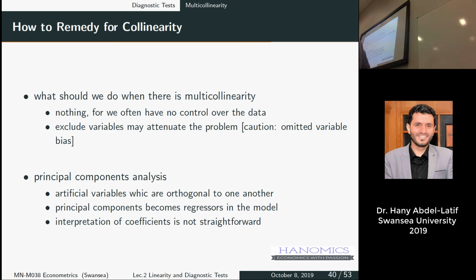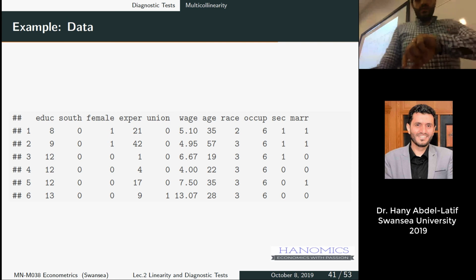So this is something we're not going to cover. I'm going to look at the first solution, which is to drop one of the variables, either age or experience. Let's drop one of these variables and see what will happen.